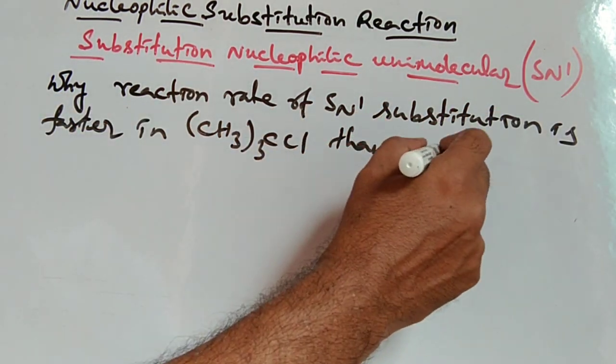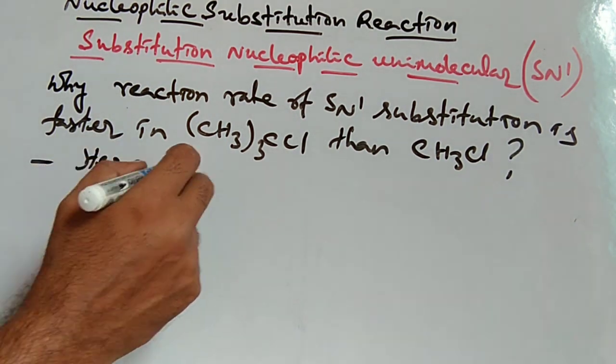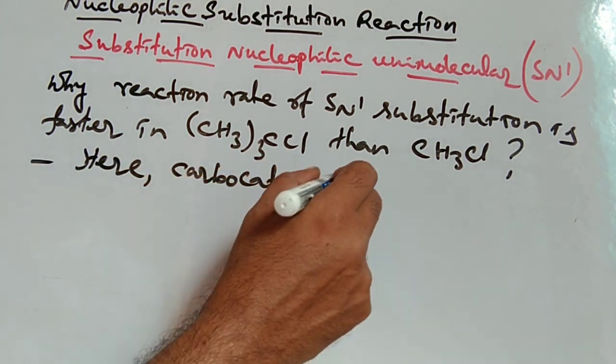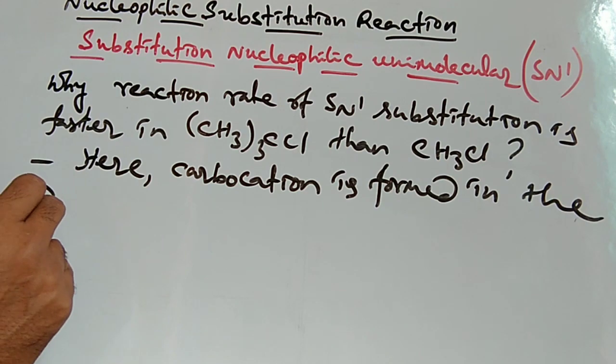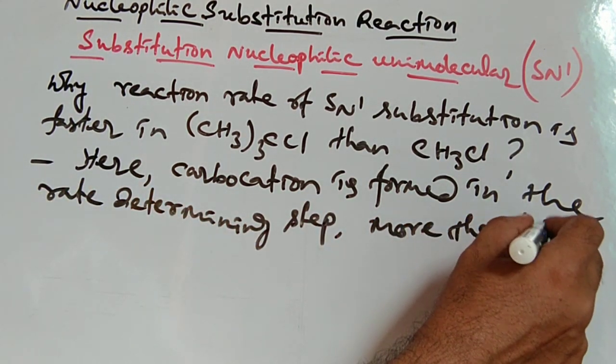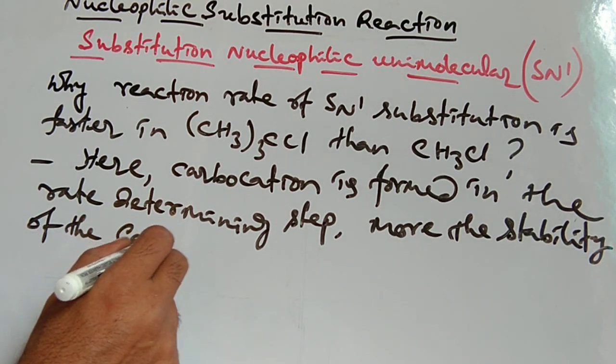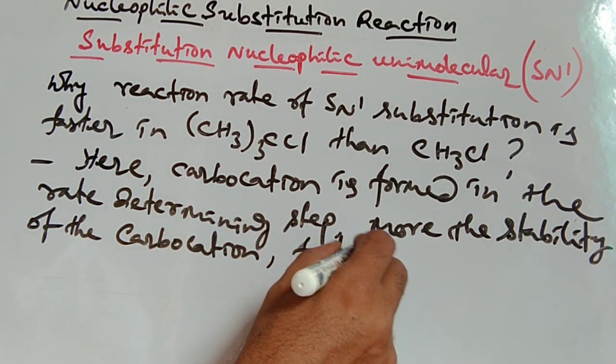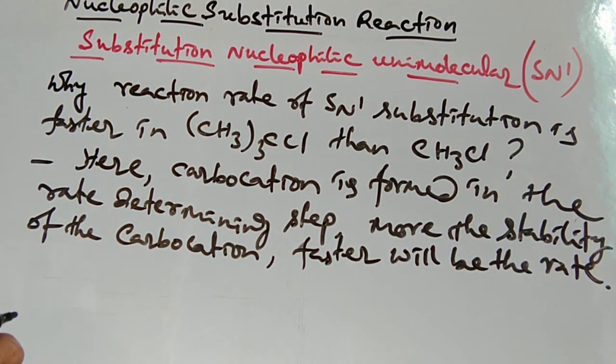Now let us consider the stereochemistry of Sn1 and Sn2 reaction mechanism. In an Sn1 reaction, a carbocation is first formed in the rate determining step, and then the incoming group, the nucleophilic substituent, comes.